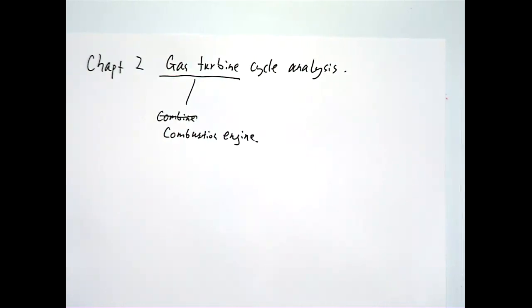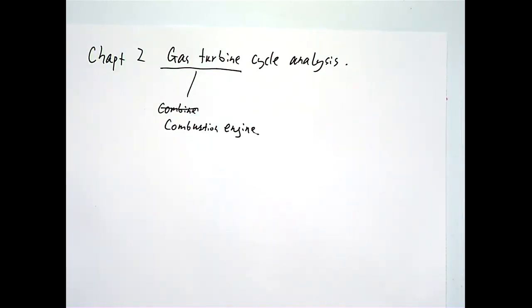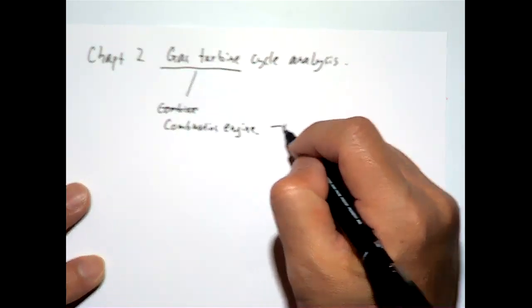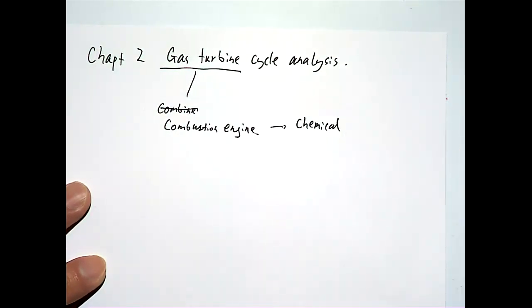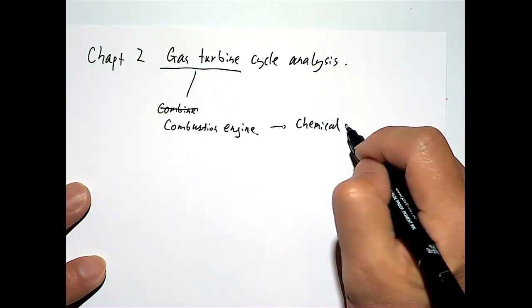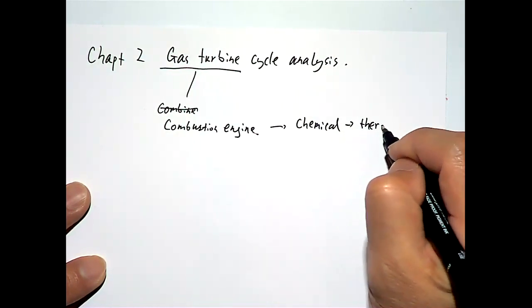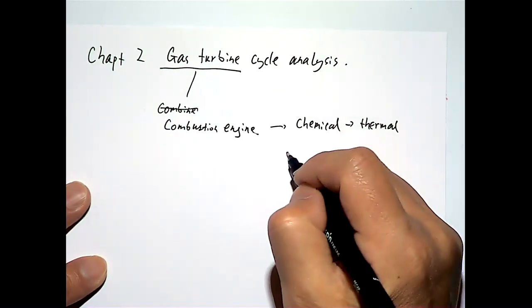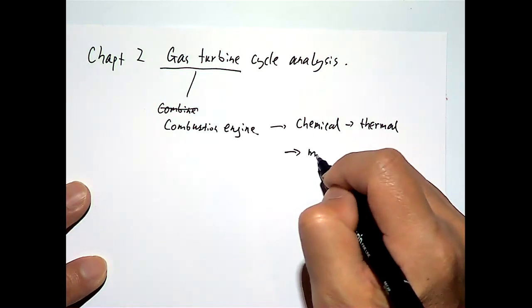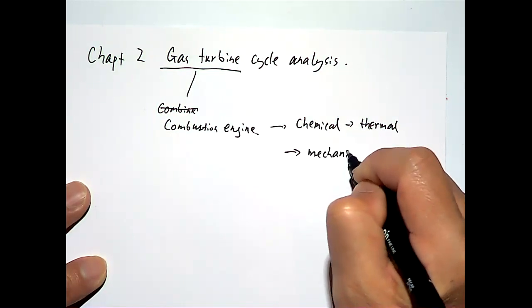From the energy conversion standpoint, a combustion engine, as we said, is converting the chemical energy that's stored in the fuel to thermal energy, raising temperature and pressure of the working fluid, then converted to mechanical energy.